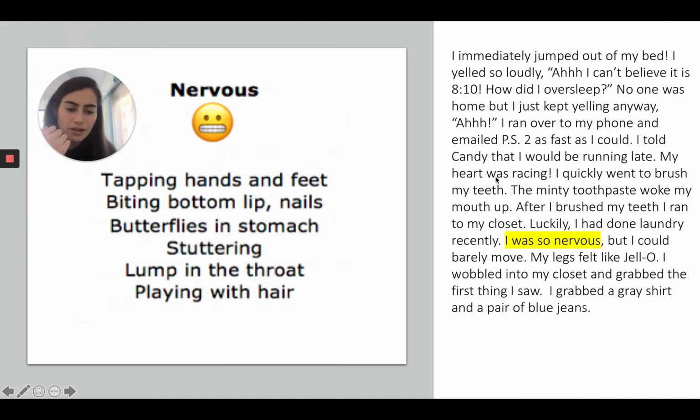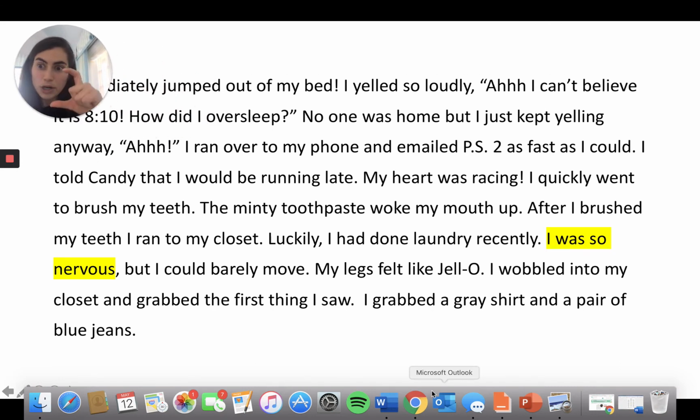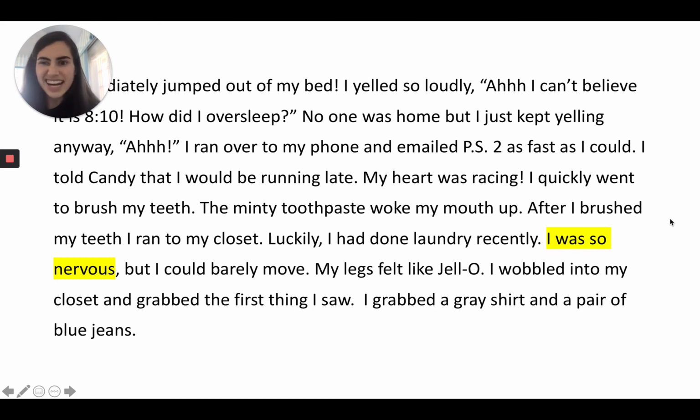So to give you another example, I looked at the middle part of my story and tried to find another part where I had a feeling that I just told you. I didn't show it. So I went through and found the part where I was nervous. I was so nervous, but I could barely move. My legs felt like jello.